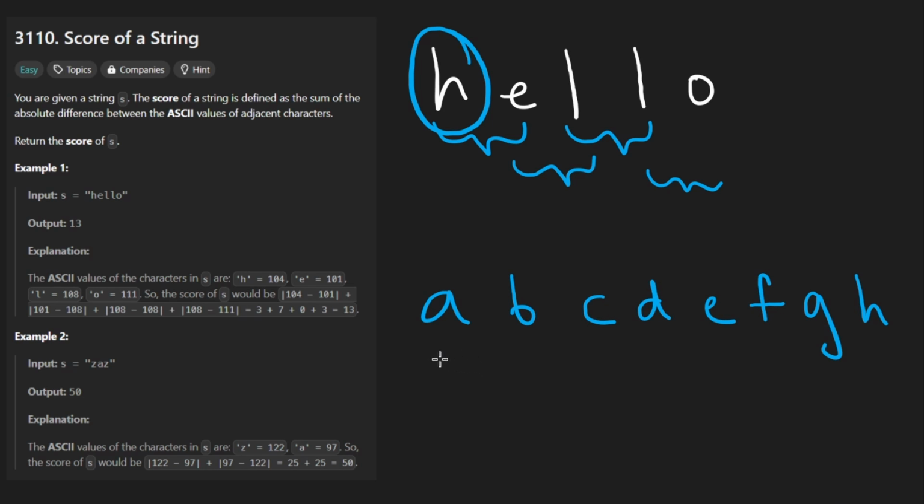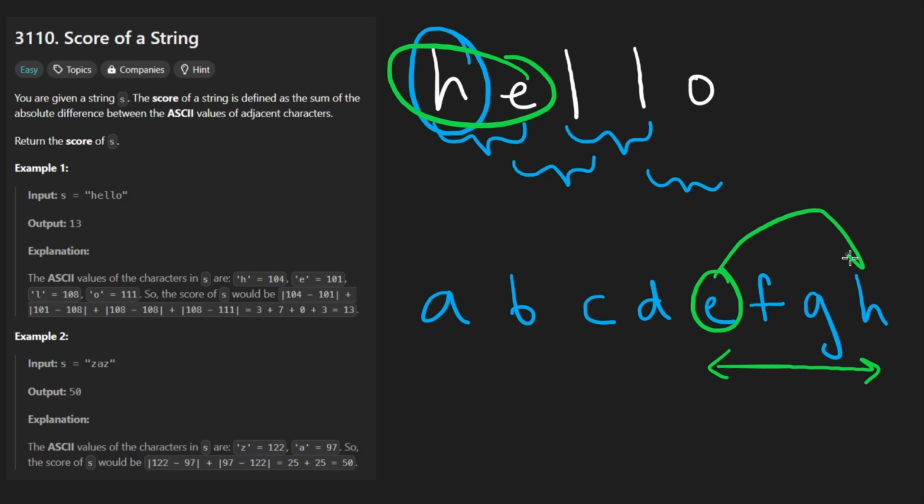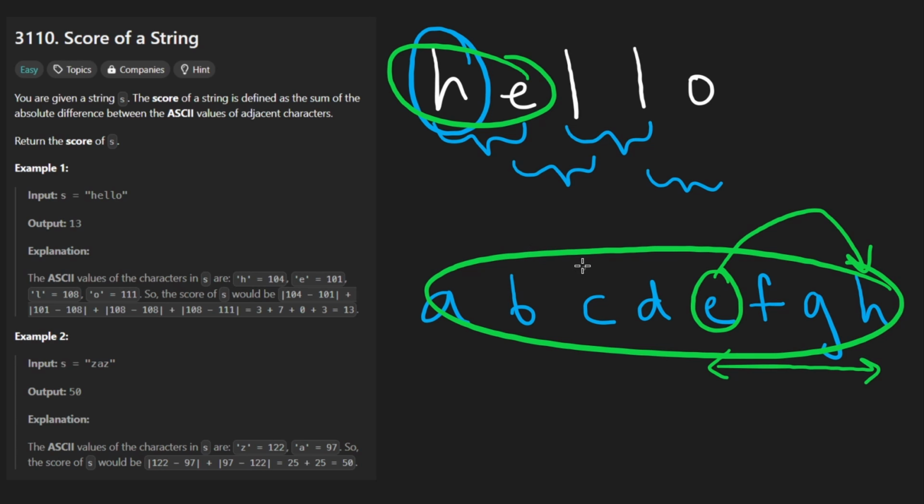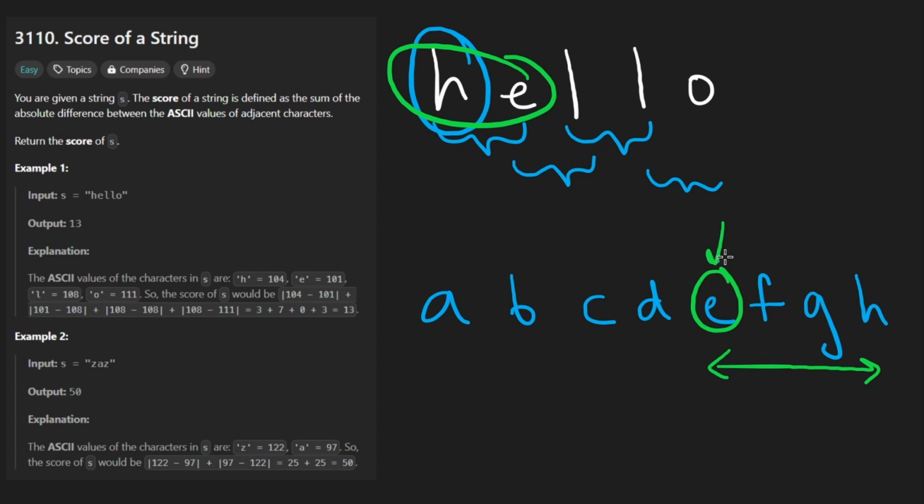To get the difference of two characters, like H and E, the difference of the ASCII values of those two characters is the same as saying how many spots we have to jump from one character to land at the other in the alphabet, because the ASCII values are in alphabetical order. So even if we didn't know what the ASCII value of this is, we still know that the difference between them is 3. So the difference here is also going to be 3.